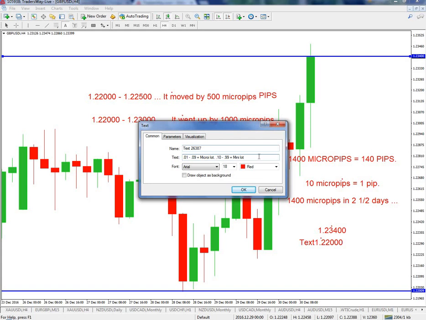Sorry about that. And 0.10 to 0.99 is called a mini lot. And anything from 1 and above is considered a standard lot. So if you do 1 standard lot, that means you're going to make $1 for every micro pip. So for every pip you're going to make $10. For every 10 pips, you're going to make $100.